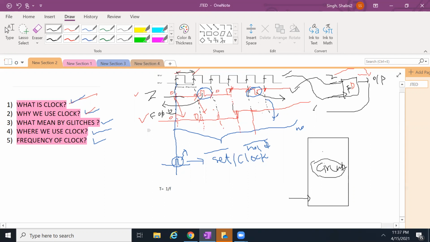Suppose this circuit is working at a different frequency, so a different frequency means what, this clock cycle only, right? This clock cycle we give to this circuit, and if you change the time period, you can change the frequency also. So like that, this clock's definition we completed. Okay, thanks guys.